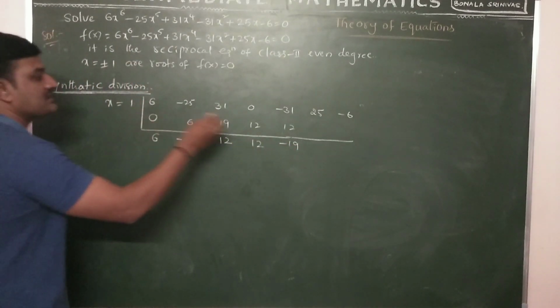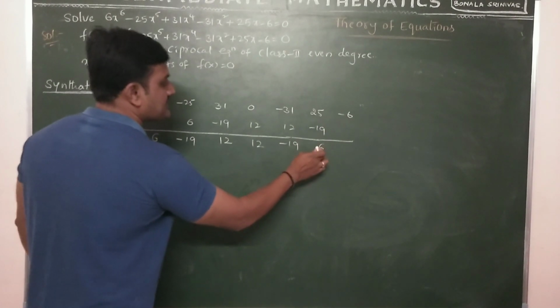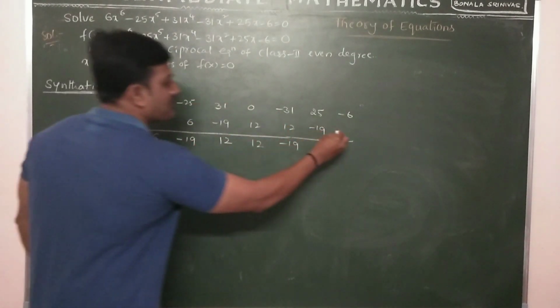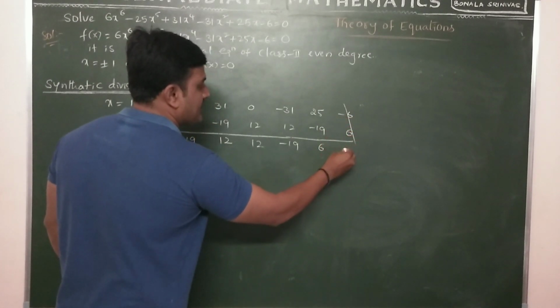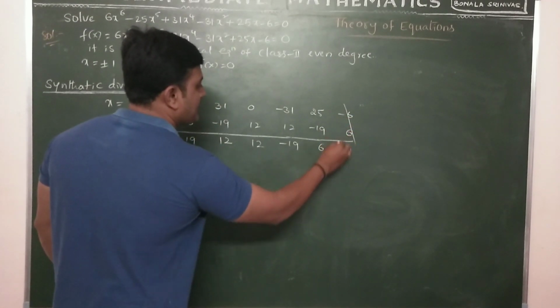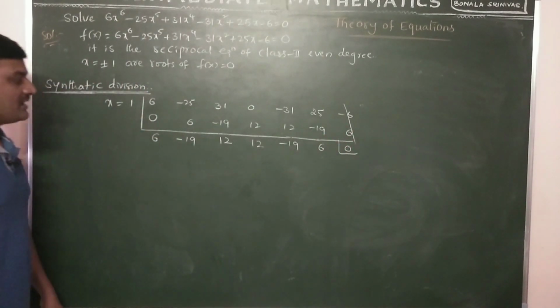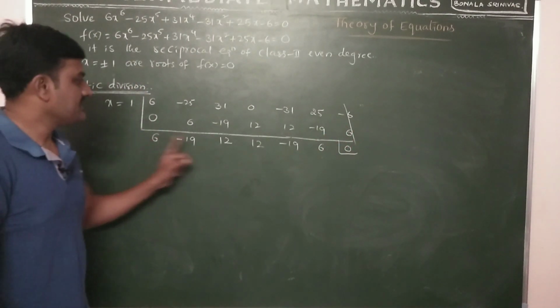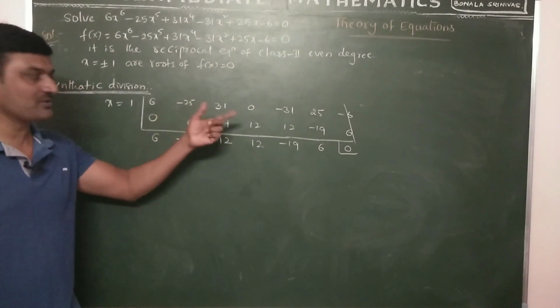Minus 19 into 1 is minus 19. 25 minus 19 is plus 6. 6 into 1 is plus 6. Now minus 6 plus 6 get cancelled. 0. Definitely we should get 0 here. Observe the coefficients 6, 6, minus 19, minus 19, 12, 12, like reciprocal coefficients.